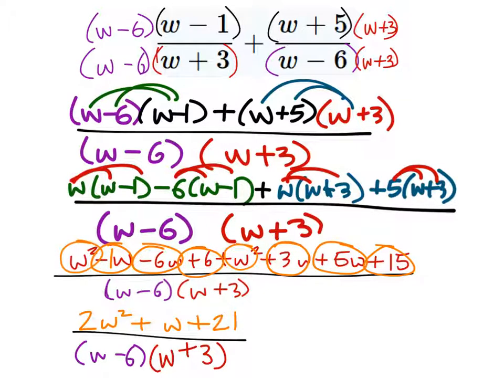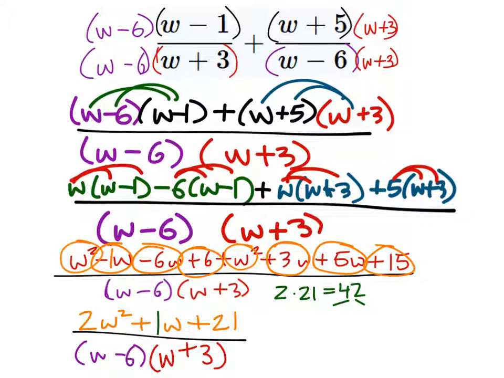Alright, just to be sure, we should probably see if we can factor the numerator, right? So, for that, I'm looking for a 2 times the c value, 21, which is 42. And I need to see if any of the factors of 42 would add up to 1, which is the coefficient of w. I should have kept it.